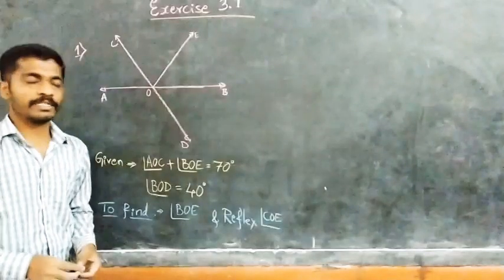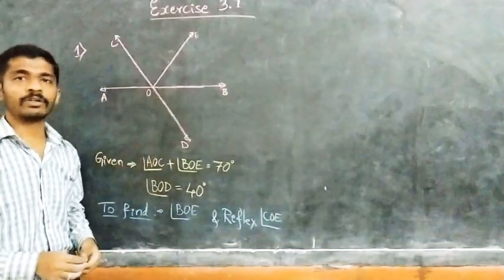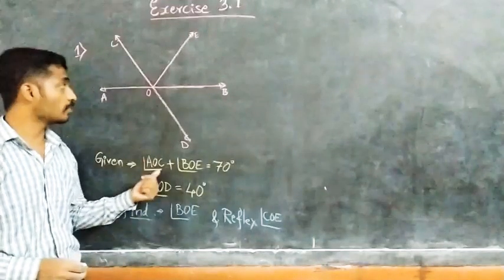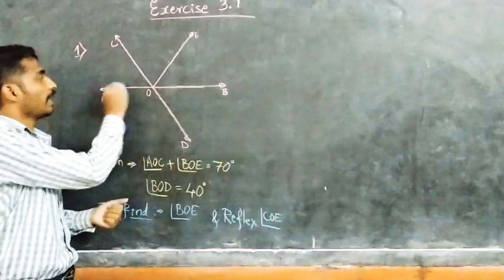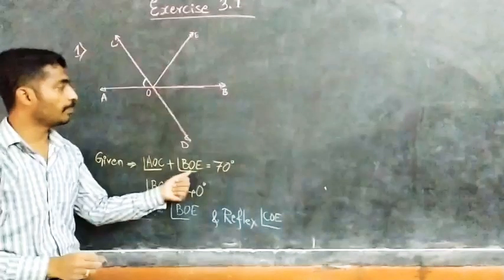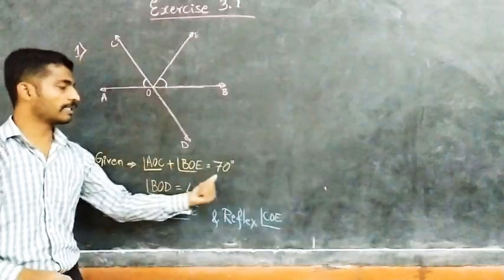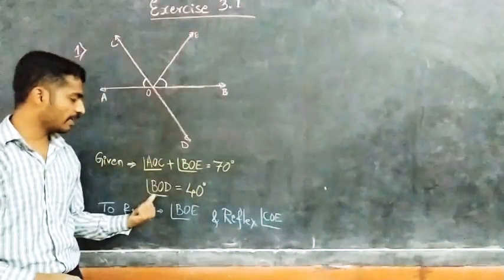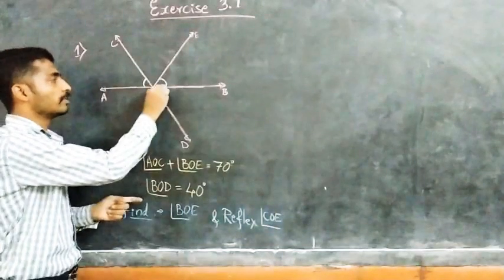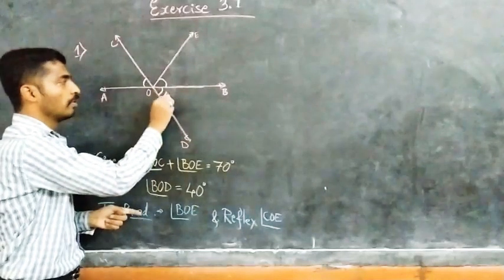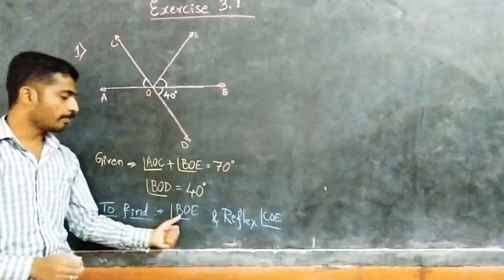Directly going to the exercise. Here they have given AB and CD are intersecting at O, and AOC plus BOE equals 70 degrees. So the sum of these two angles is 70 degrees. And one more angle is given, BOD, which is 40 degrees. Next, what we have to find?